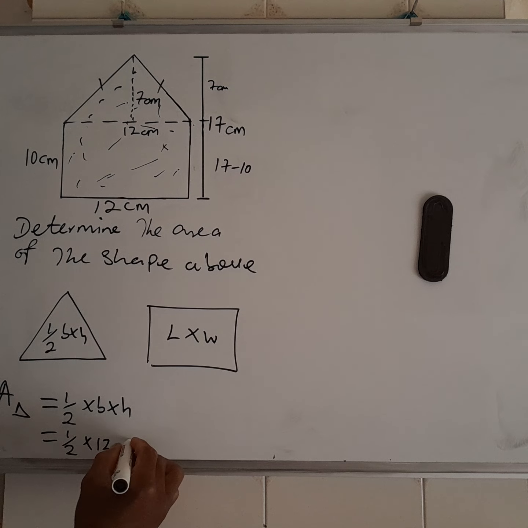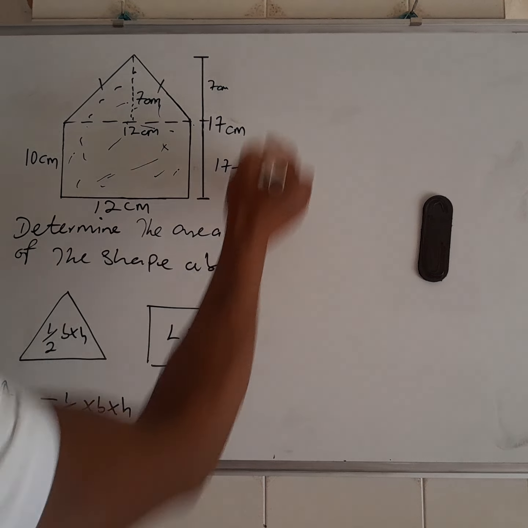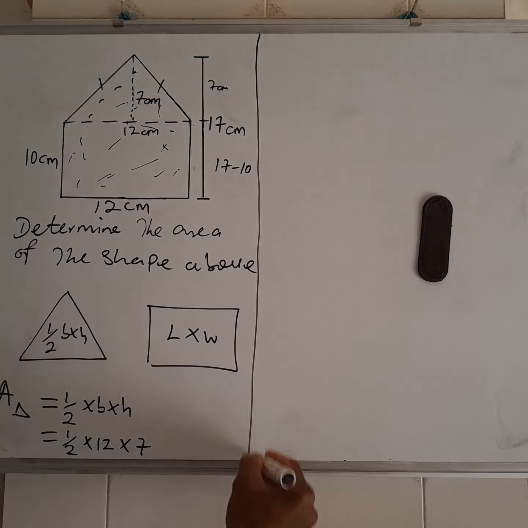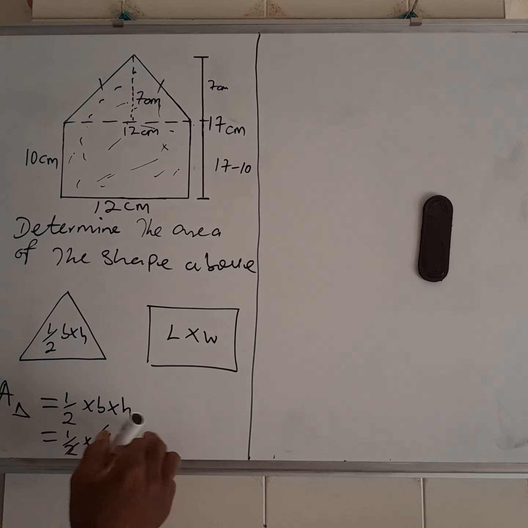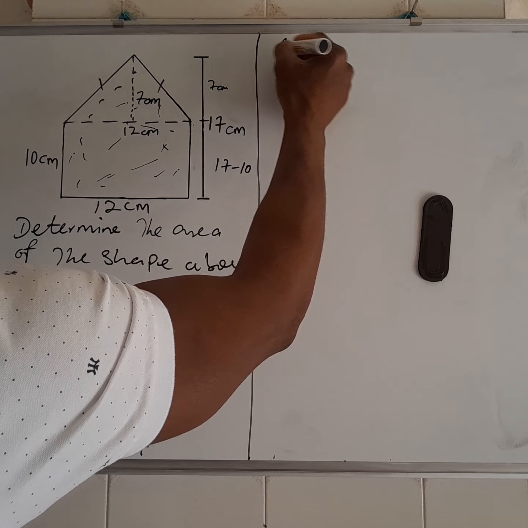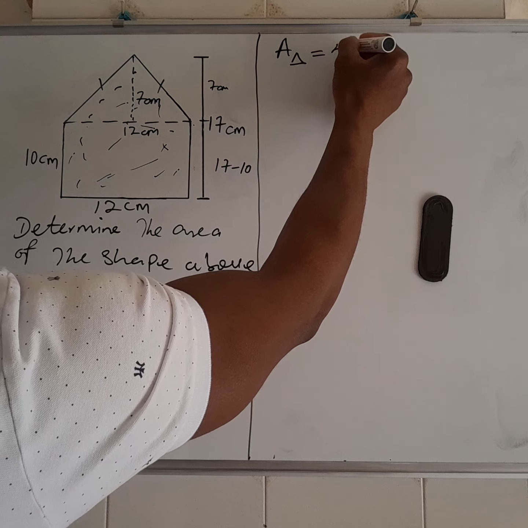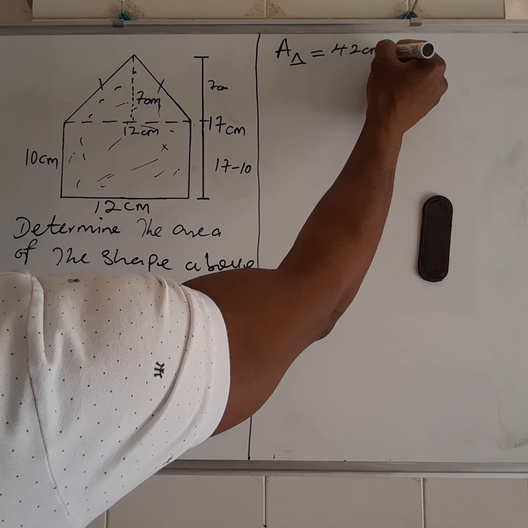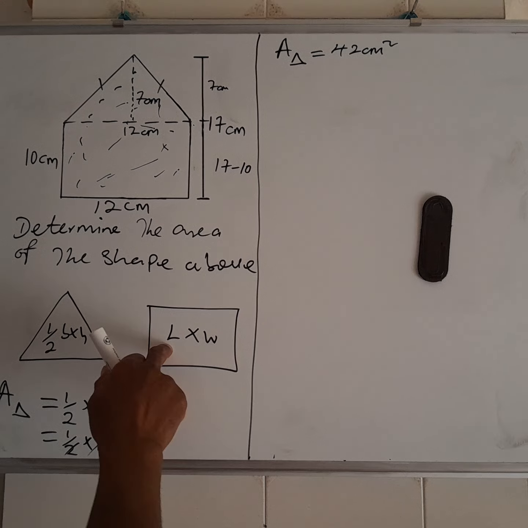So we have half times 12 times your height, which is 7. So 12 divided by 2, you have 6. 6 times 7, you have your area of triangle to be 42 centimeters squared.